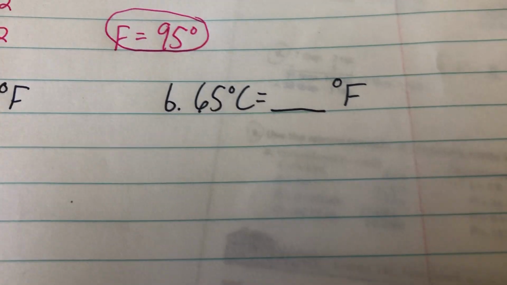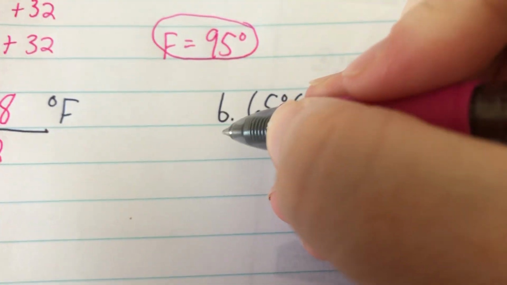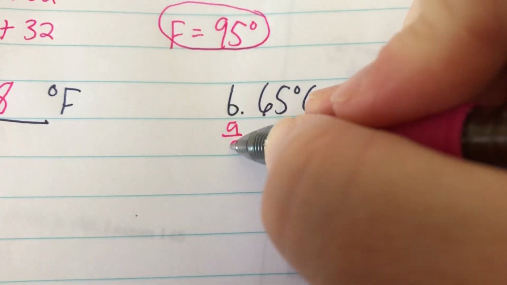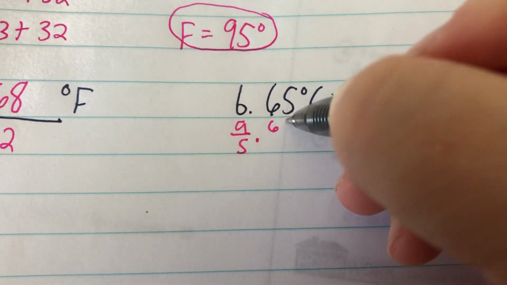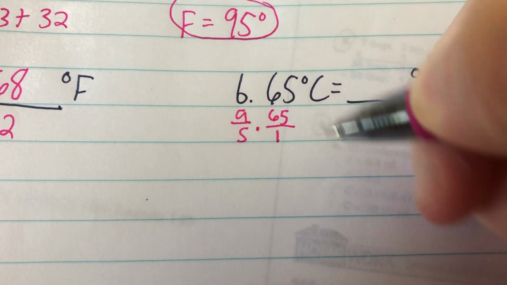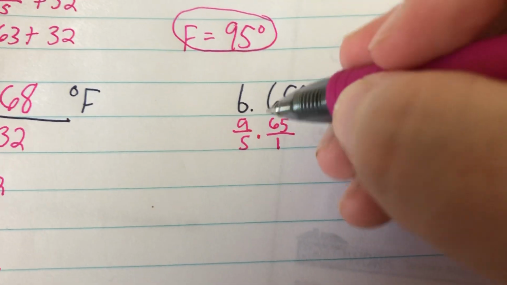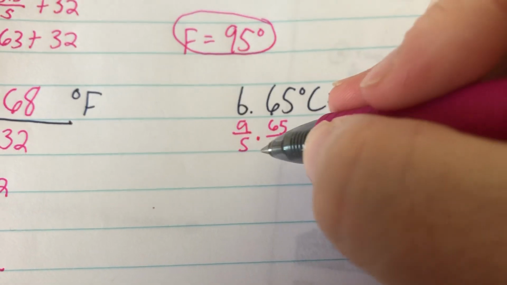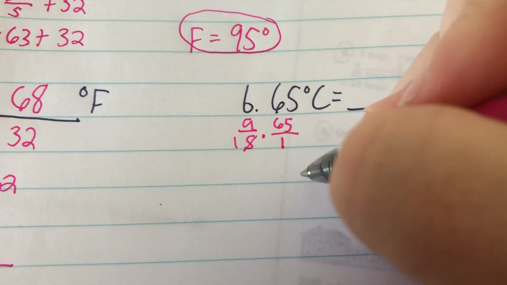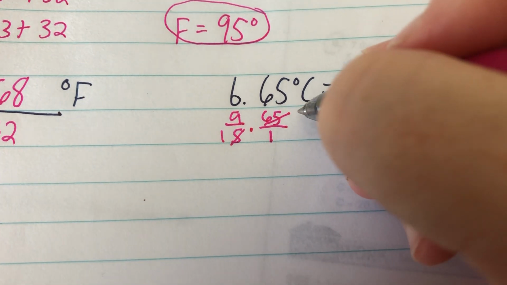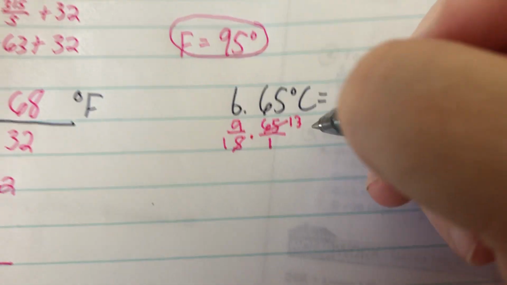On B, we have 65 degrees Celsius, so 9 over 5 times 65 over 1. I'm going to go ahead and simplify this to make it smaller numbers. 5 will go into both of those. 5 goes into 5 one time. 5 goes into 65 13 times.